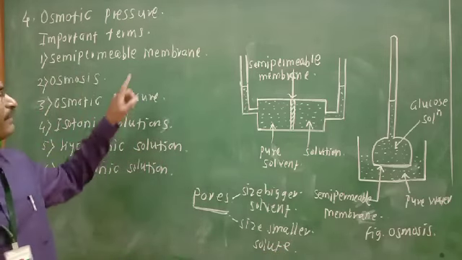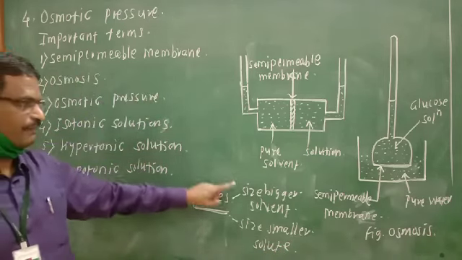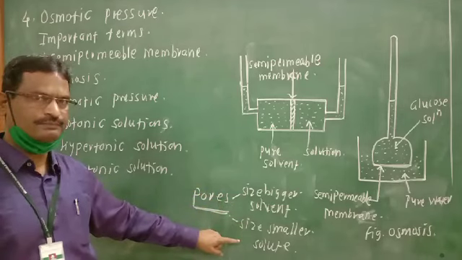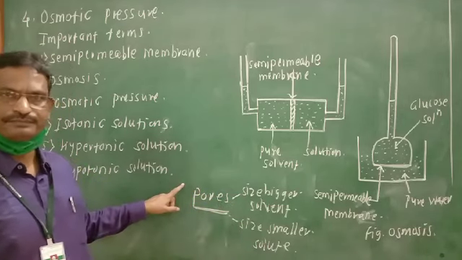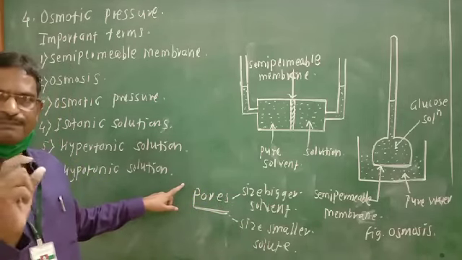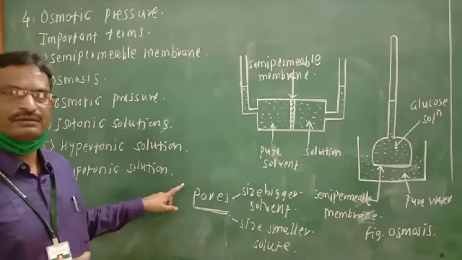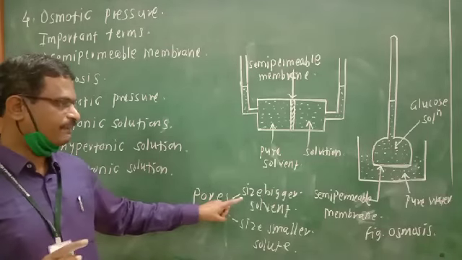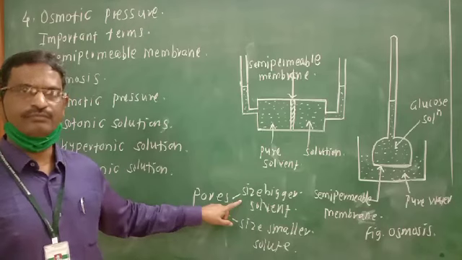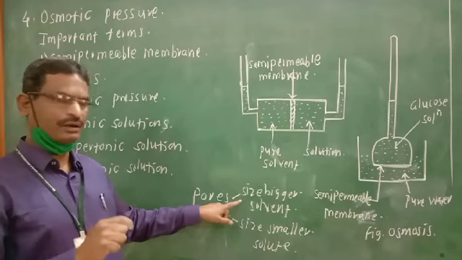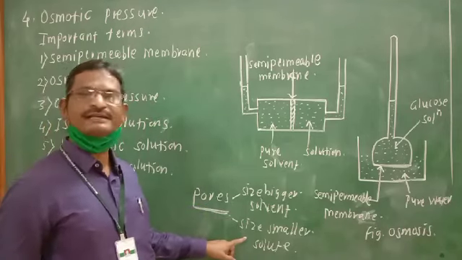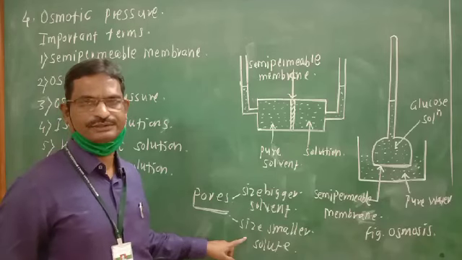Why does a semi-permeable membrane allow the passage of only solvent and not solute? Because it has pores, and the size of those pores is so big that it allows the passage of solvent, but so small that it will not allow the passage of solute molecules.